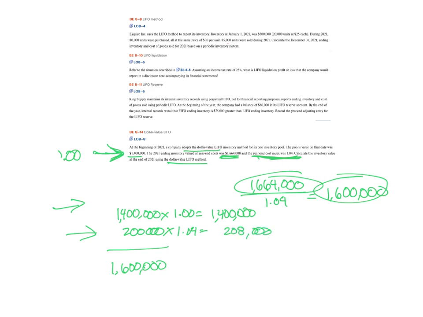The reason we multiply by 1.04 again is that now that we've isolated the increase in quantity, we want to change that to current period prices. Remember, this is still LIFO, so we want current period prices, but we don't want to include the inflation piece when calculating the change in inventory. This gives us a total of 1,608,000, which represents our ending inventory amount using dollar value LIFO.